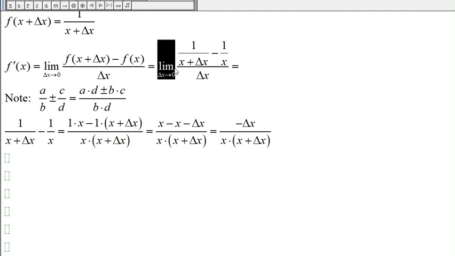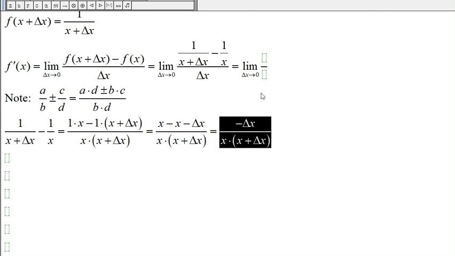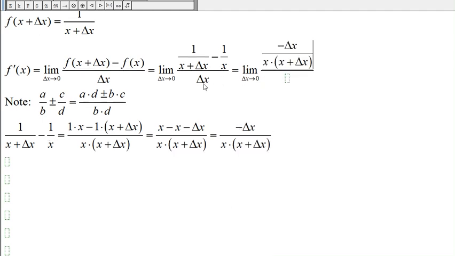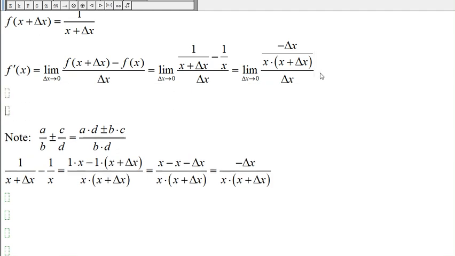And now let's come back to the original problem. So the top, 1 over x plus delta x minus 1 over x, we combine them and it becomes this. And then the bottom, we just have delta x. And so now this is going to be the limit.